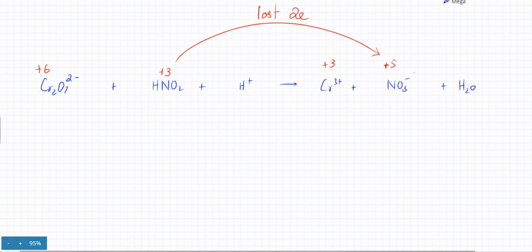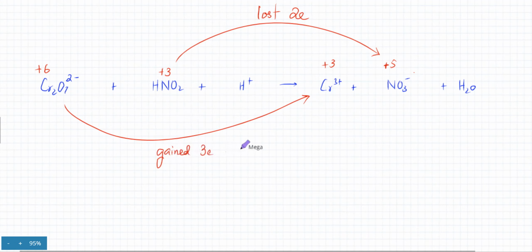What happened to Cr? It gained 3 electrons. Now the situation is that it's losing 2 electrons. So how do you make them equal?